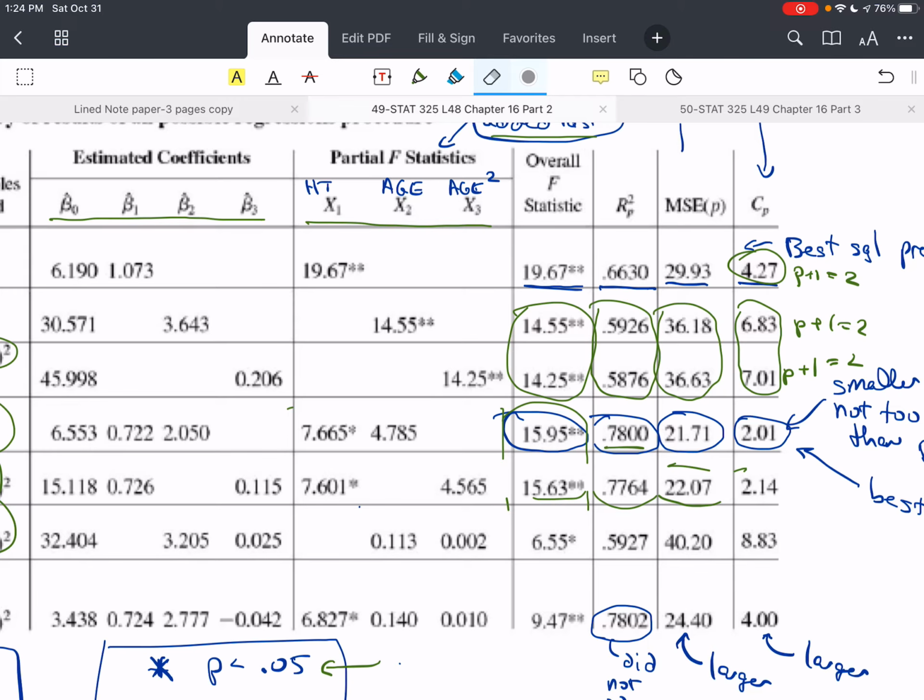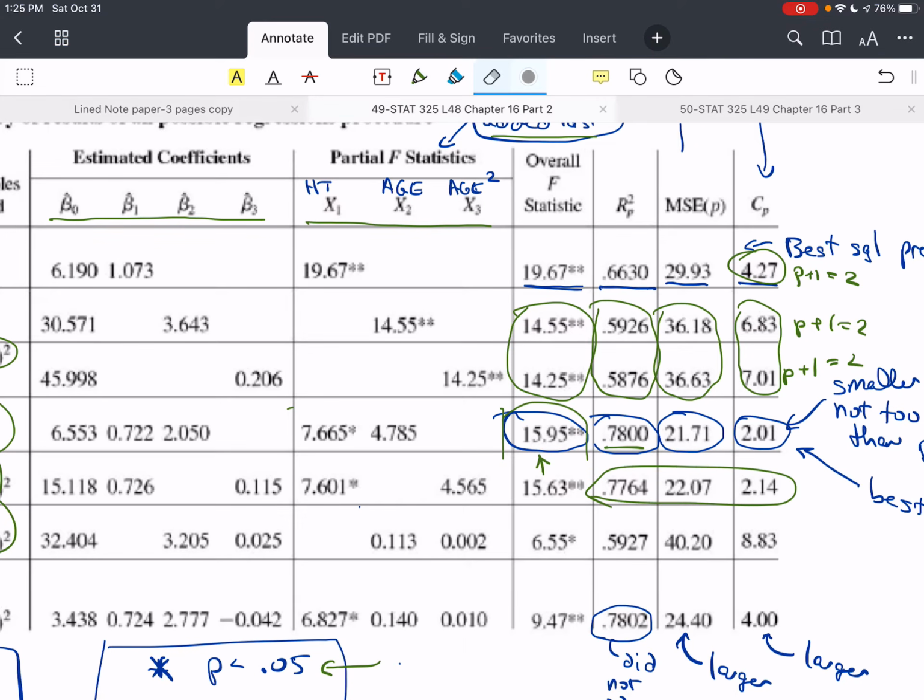So let's clean this up a little bit. Now, the book says that either one of these are okay, and everything looks really close for these 3 measures. And so the tipping point, the deciding factor might be that the overall F statistic is higher.